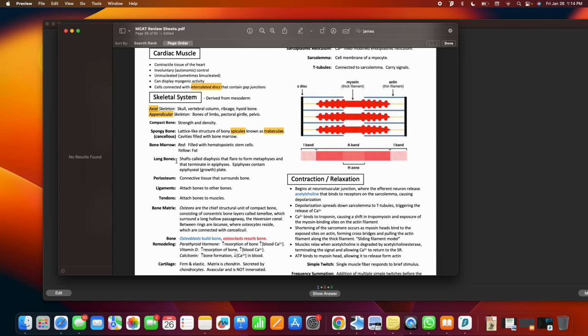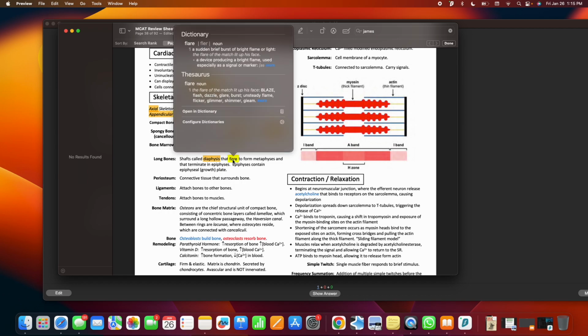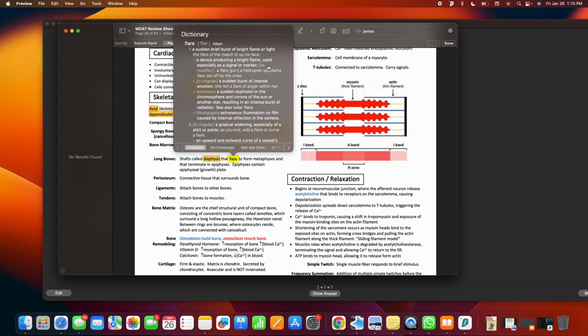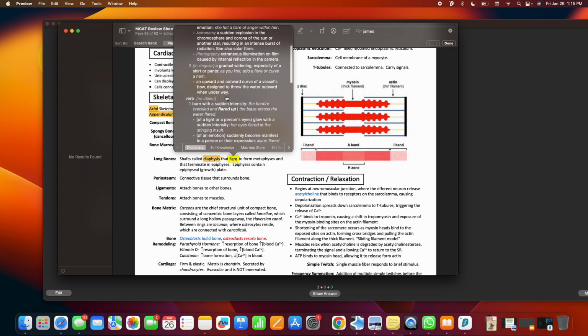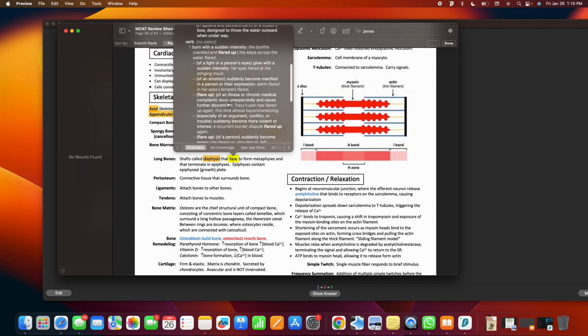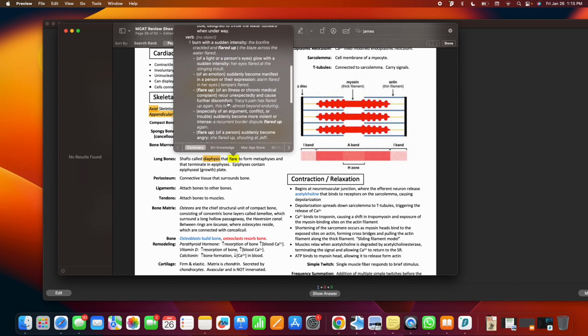And the long bones have shafts called diaphysis that flare to form. Flare, does that mean fire? A sudden brief burst of bright flame or light. Burn with sudden intensity.